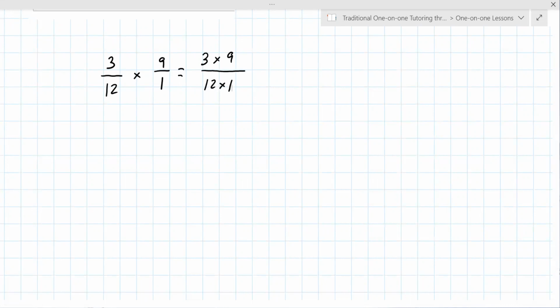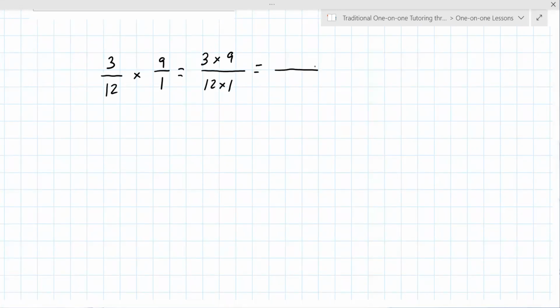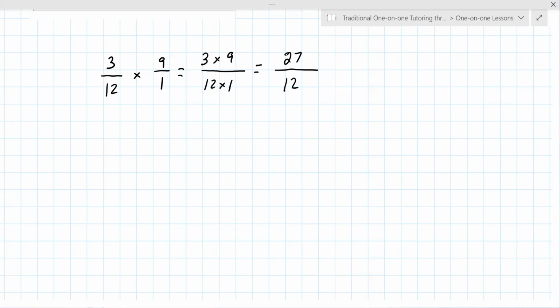Okay. So you have to be able to multiply, and you can definitely do that. What is 3 times 9? 27. Okay, and 12 times 1? 12. Very good. Now from here, you actually need to be able to reduce these fractions.